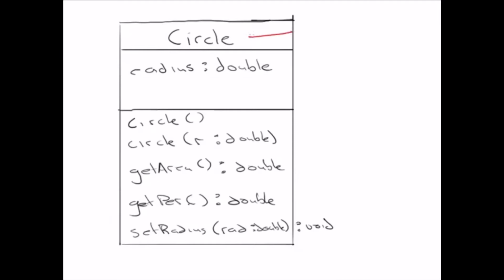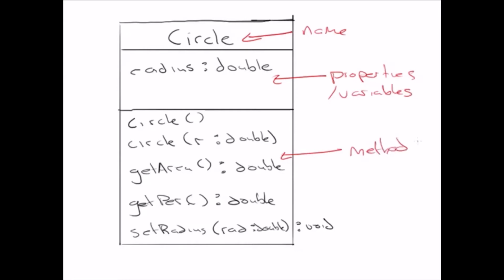We have the name of the class, the properties of the class, and all the variables, and we have the methods. So that's what a UML class diagram looks like.